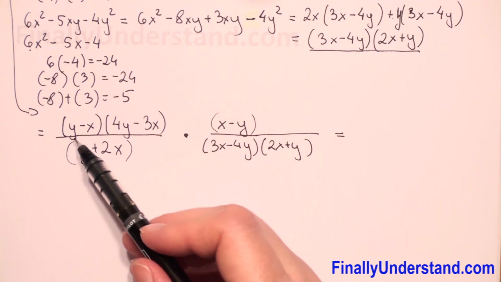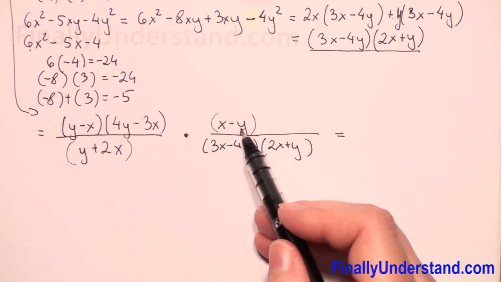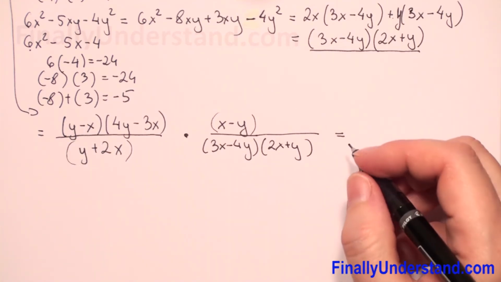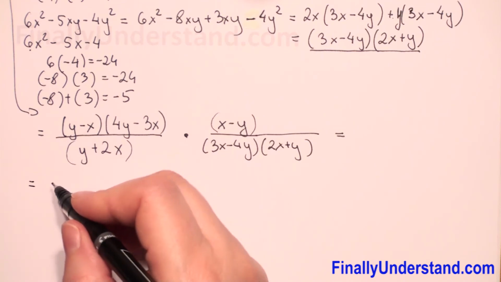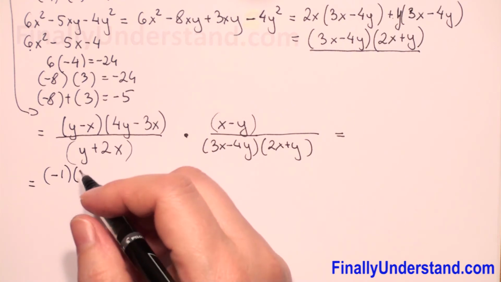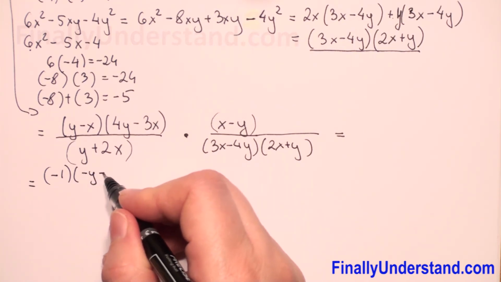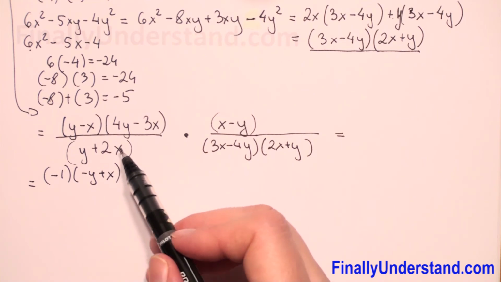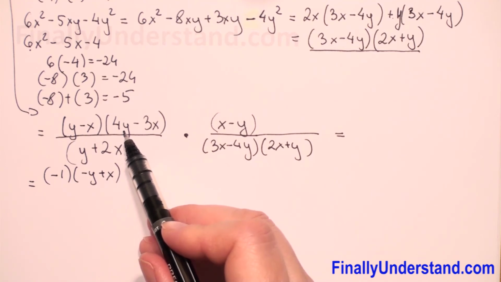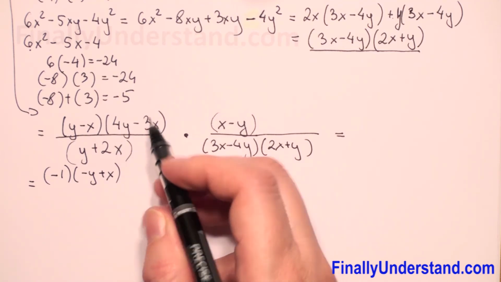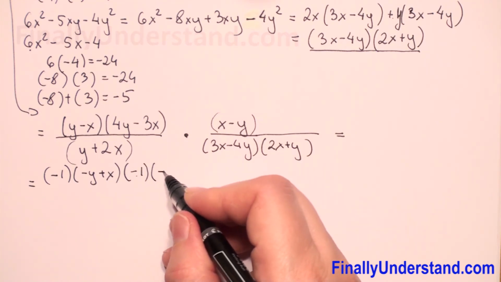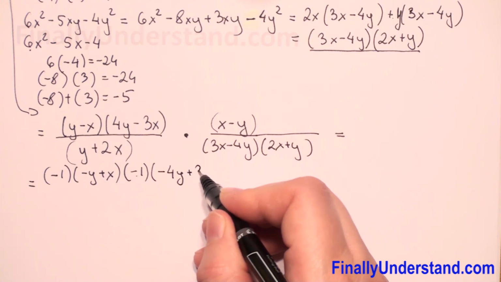So let's start from the beginning. We have y minus x and x minus y. So I will factorize the negative sign from this first term. So this is equal to negative 1 times negative y plus x, and like I said, because we have 3x and negative 3x, negative 4y and positive 4y, from the second term I will also factorize the negative sign, so I will put negative 1, and in parentheses I will have negative 4y plus 3x.